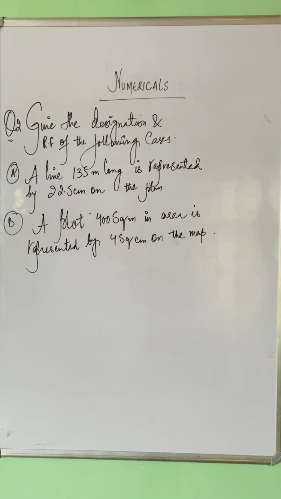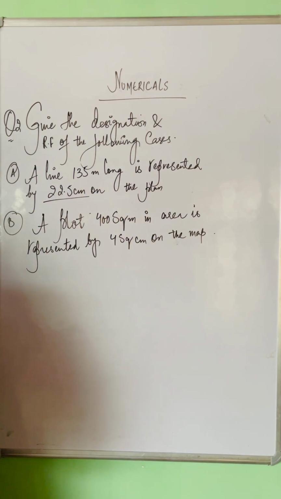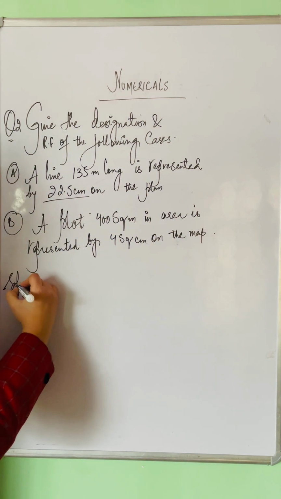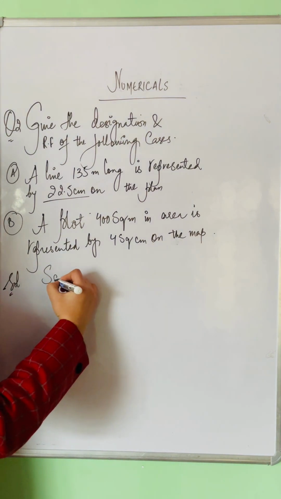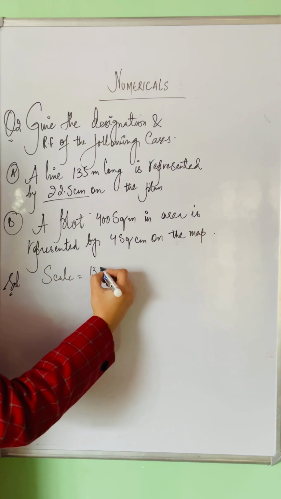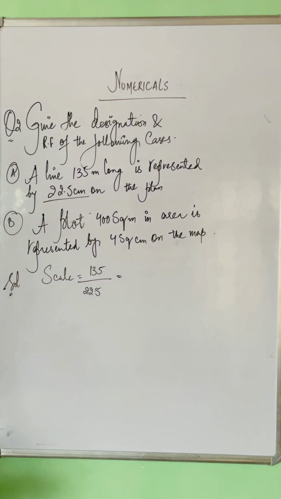Right, so the question is, give the designation and representative fraction of the following cases. A line 135 meters long is represented by 22.5 centimeters on the plan. So what will be the representative fraction of the scale? Scale will come out to 135 divided by 22.5, which comes equivalent to 6.